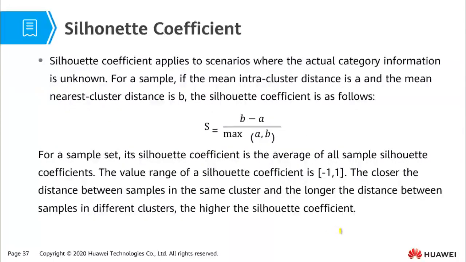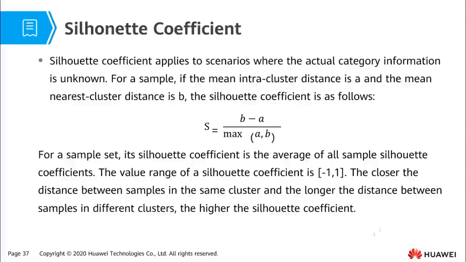In the mathematical expression of silhouette coefficient, A indicates the mean intra-cluster distance and B indicates the mean nearest cluster distance. Silhouette coefficient is the average of all sample silhouette coefficients. The value range of a silhouette coefficient is from -1 to 1.